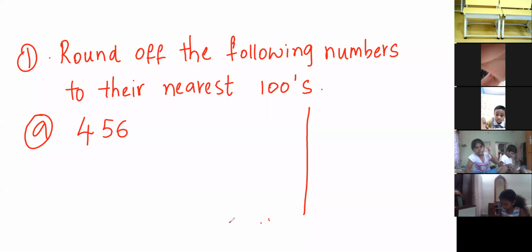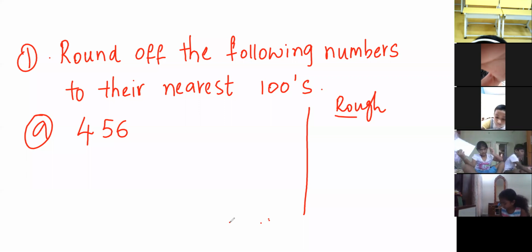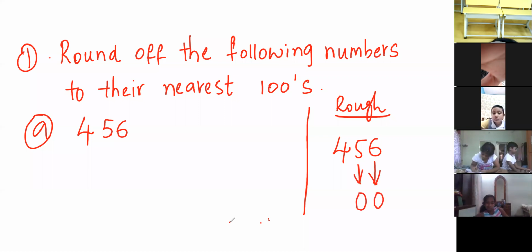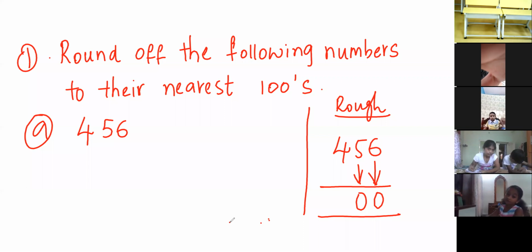Now I'll show you the simplification part here on the rough side. Okay, just look over it and try to understand this. Here I have to make ones and tens places zeros as we are rounding it to its nearest hundreds. So that's why you have to make ones and tens places zeros.